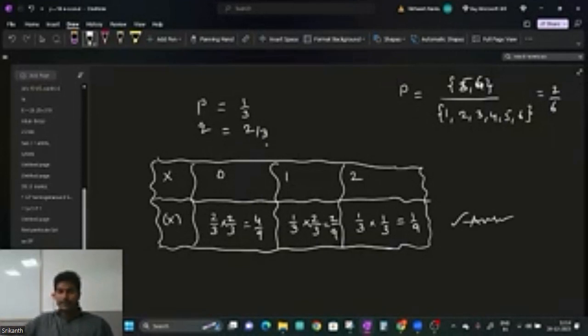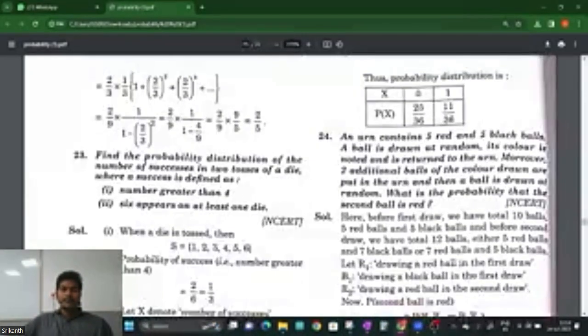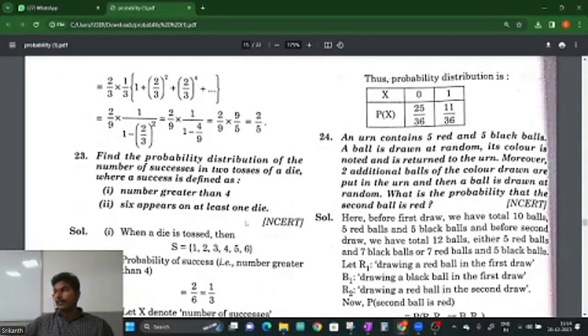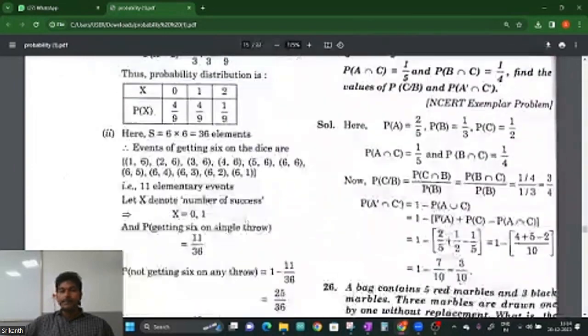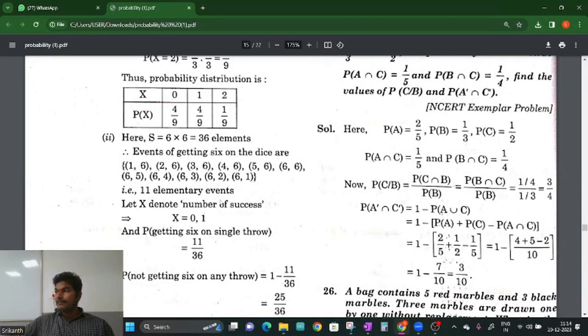What did he ask for the second question? The success probability is defined as 6 appearing on at least one die. That means a total of 36 elements exist because two dice are rolled. So how many times will 6 appear? 11 times. 6 times: 61, 62, 63, 64, 65, 66.